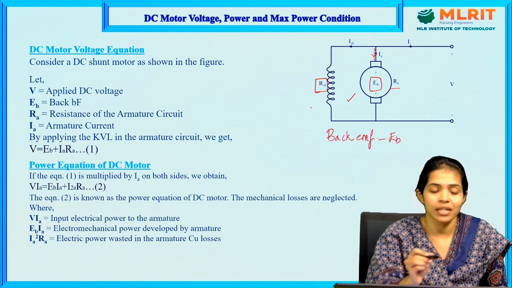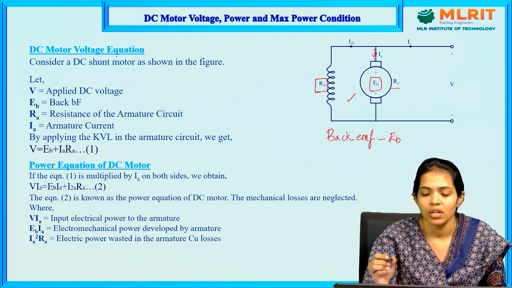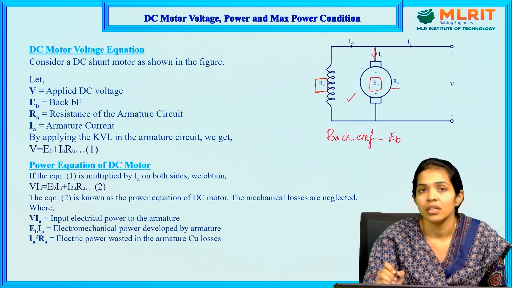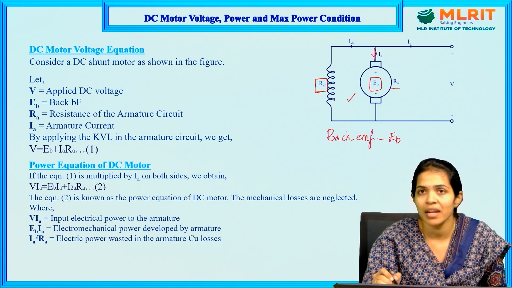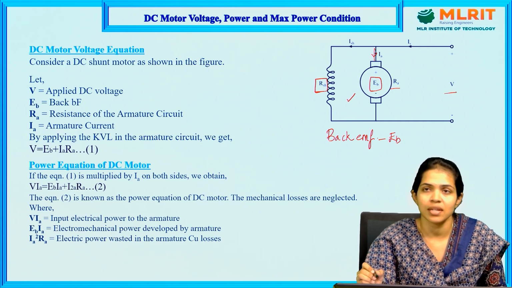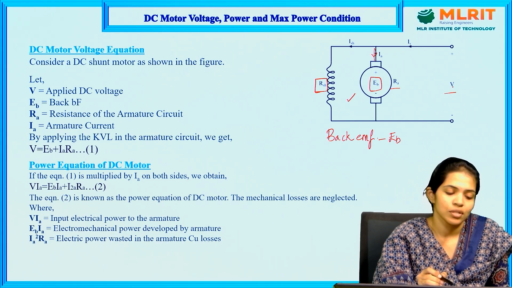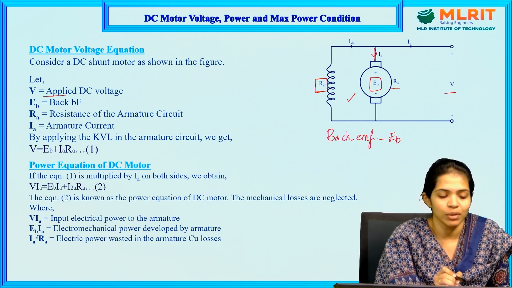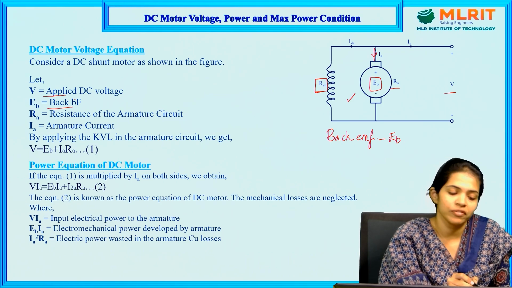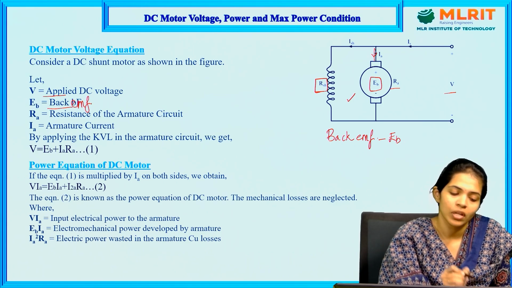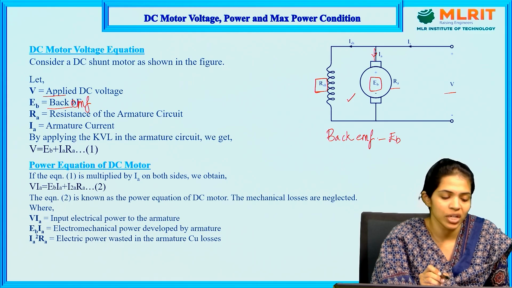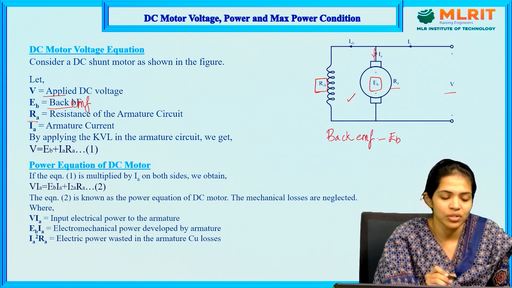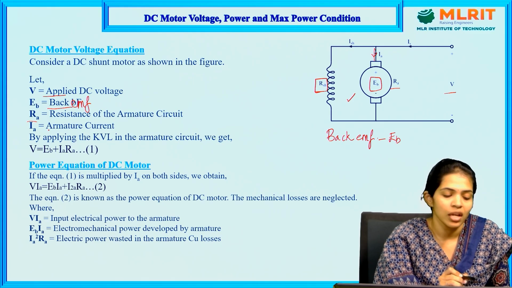in this particular situation to calculate the voltage equation of a DC shunt motor. So now we have RSH as the shunt field resistance, which is connected in parallel to the armature of a shunt motor, which is excited by a DC supply with a voltage of V volts. So if we consider V as the applied DC voltage for this shunt motor, and EB is the back EMF developed in the armature of this DC shunt motor, and RA is the resistance of the armature circuit, and IA is the current supplied to the armature circuit by the external DC source.